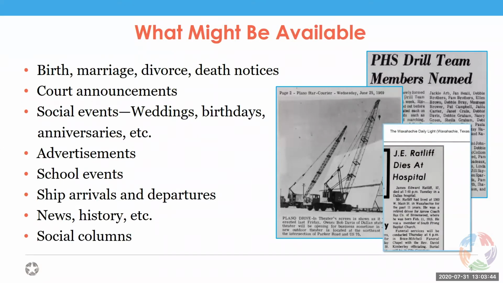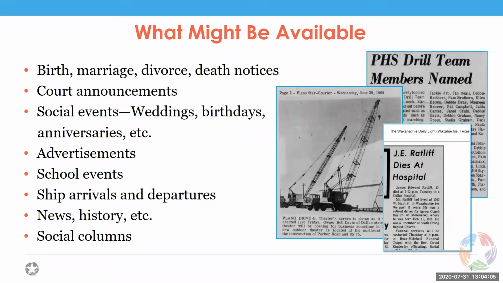So what might be available in the newspaper? If some of you are of a certain age that grew up with newspapers and had family that read newspapers, might have actively posted birth announcements or marriage announcements.